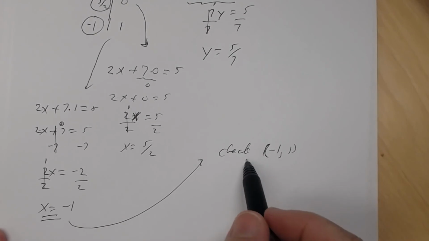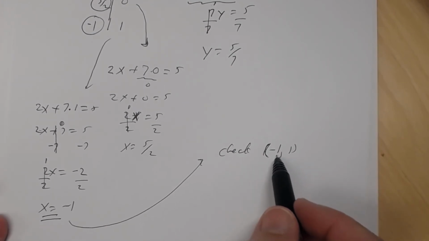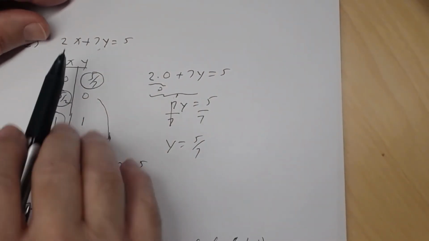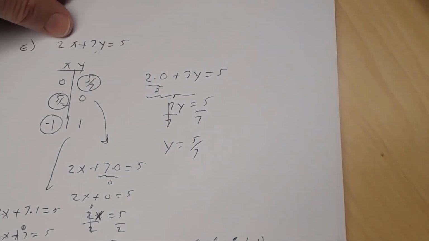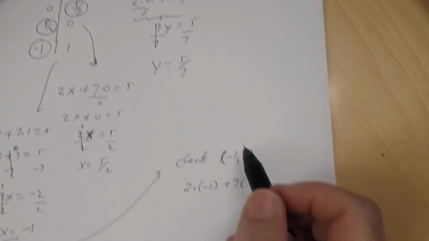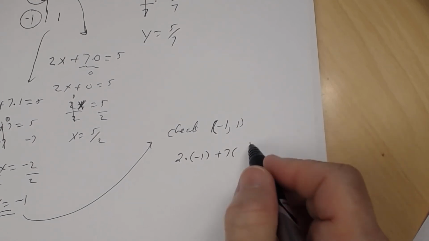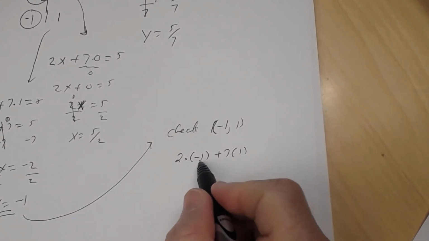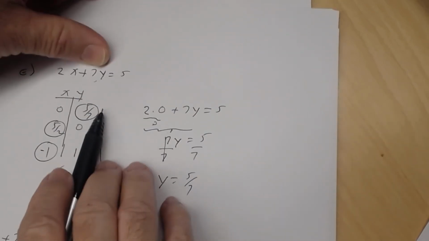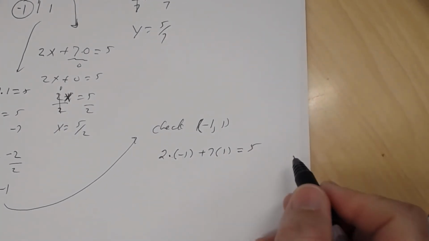All right, so wherever you see the variable x, you're going to substitute negative 1. Wherever you see the variable y, you're going to substitute 1 into this equation. So this becomes 2 times x is negative 1, plus 7 times y is positive 1, equal, and remember that was 5, so equal 5.